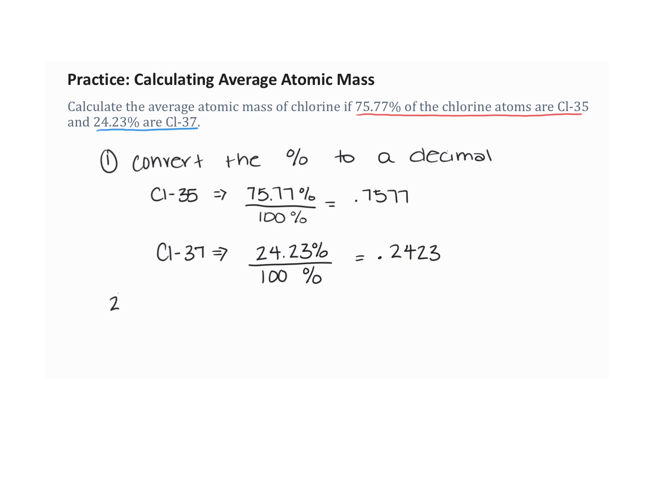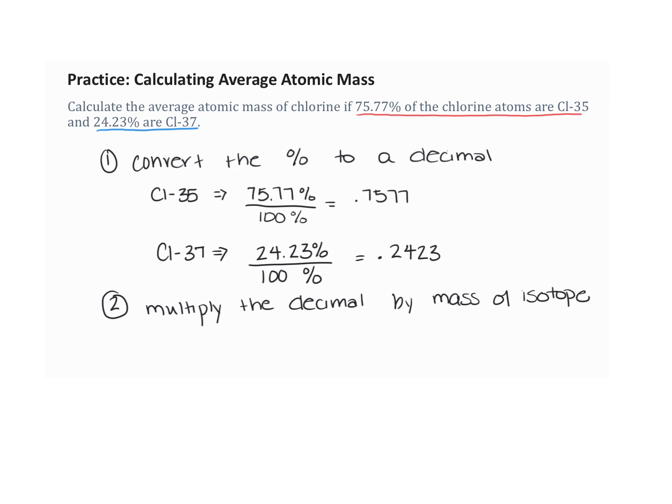Then your second step is that you're going to multiply the decimal by the mass of the isotope. Nope, I said percent, and I definitely was thinking decimal. So let's go back: multiply the decimal by the mass of the isotope.